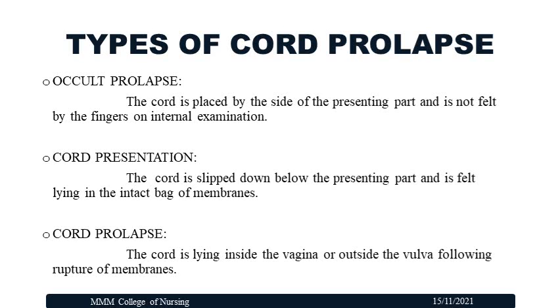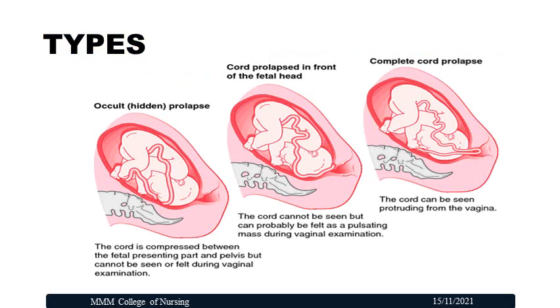Let's see the picture of this. The first one here is occult prolapse. You can see the cord lies at the side of the presenting part. In the second one, cord presentation, the cord will be present in front of the presenting part.